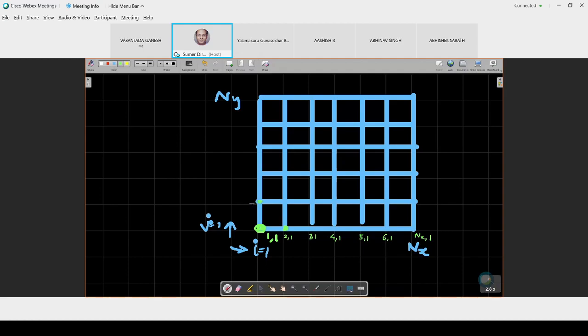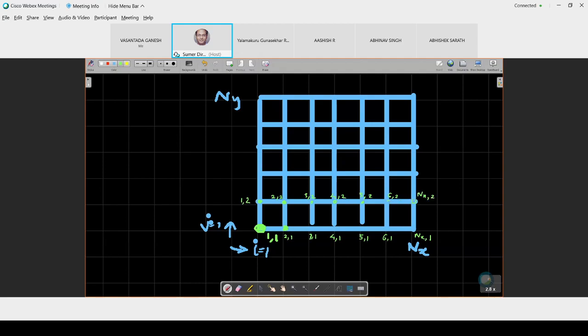What about this point? Here j is 2, so this point is 1 comma 2. This point is 2 comma 2, this point is 3 comma 2, this is 4 comma 2, 5 comma 2, this point is 6 comma 2, and this point is nx comma 2.